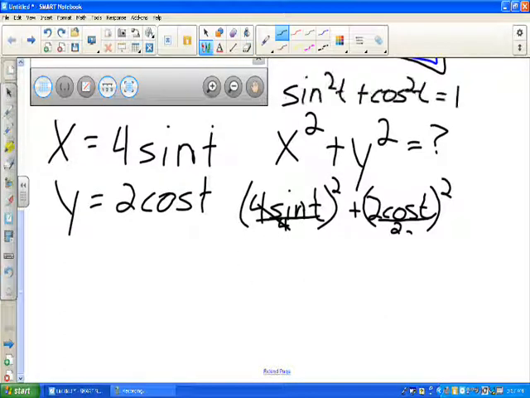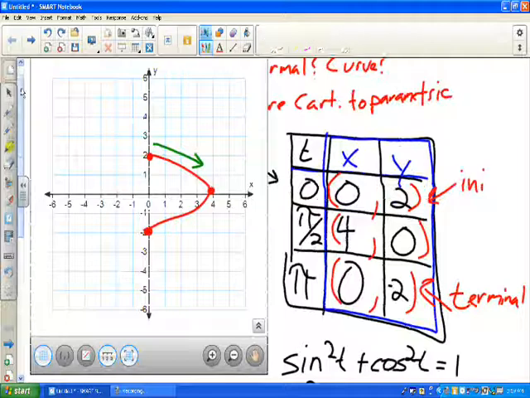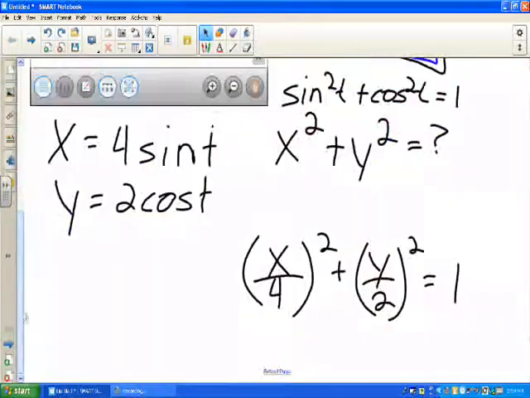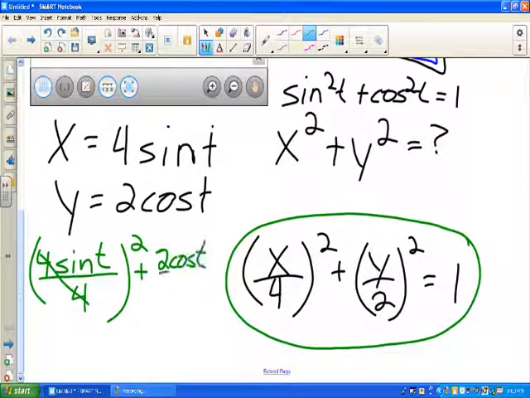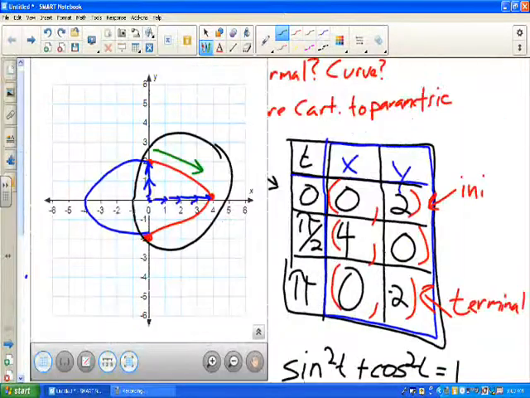Maybe we divide by 4 and that'll give me sine squared plus cosine squared if I divide the other term by 2. So we're guessing that it might be (x over 4) squared plus (y over 2) squared equals 1. And if we look at the graph, that would probably work. So when we crank through, we find out that that is actually true.